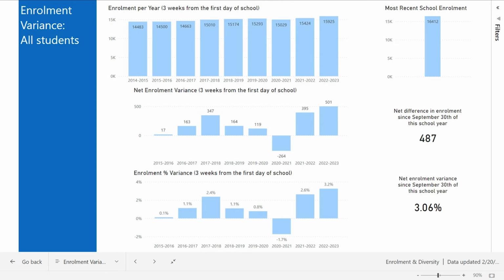What this data is showing, internally, not externally, is enrollment patterns over the last few years. And the number that's really had us feeling a lot of pressure this year is 487. The difference in enrollment since September 30th or 29th, when we sent a number to the province relative to our enrollment. It's the biggest I've ever seen it. 487 new students have arrived since that date, and we're only in February.